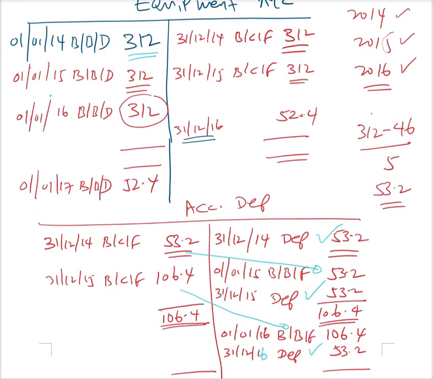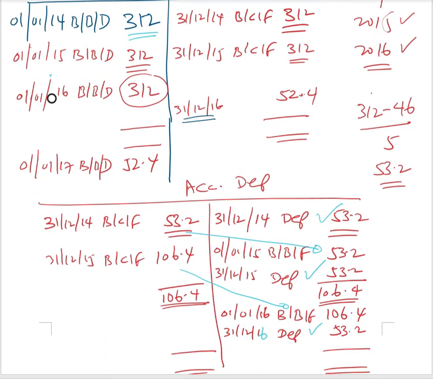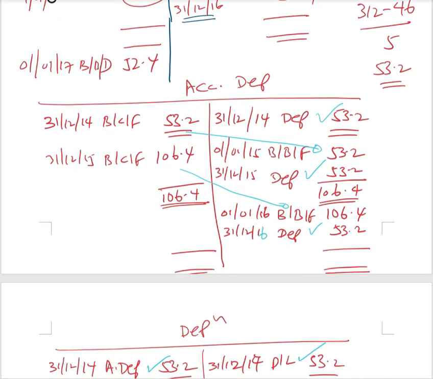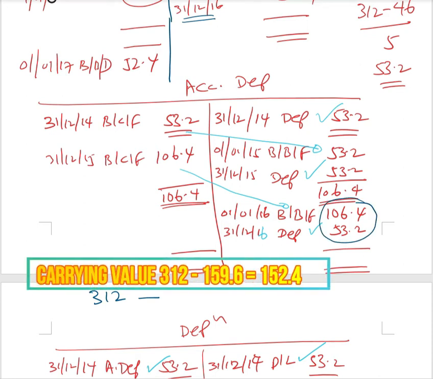So that will be 312,000 minus the accumulated depreciation as on 31st December 2016.